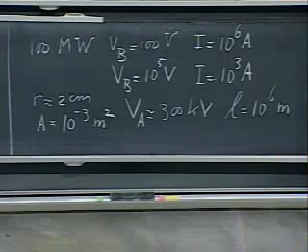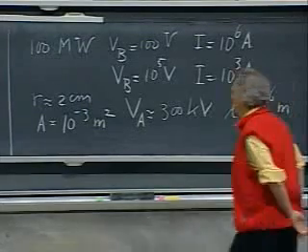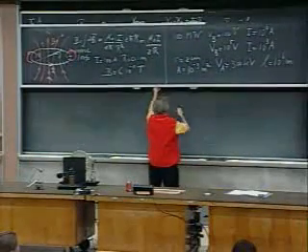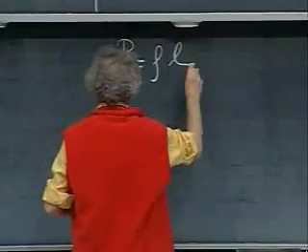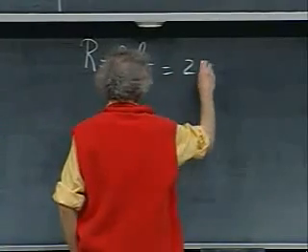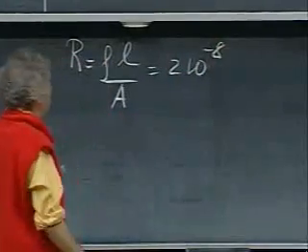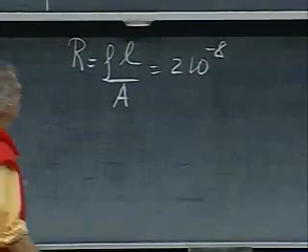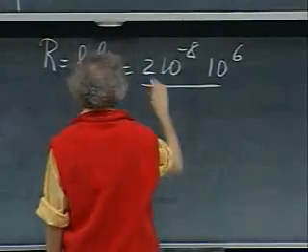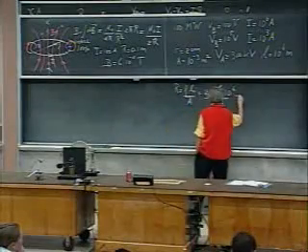You can calculate now what the resistance of that cable would be, because that resistance R equals rho times L divided by A. If you take copper, that has a resistivity of 2 times 10 to the minus 8 SI units. We have a length of 10 to the 6 meters of the cable, and a cross-sectional area of 10 to the minus 3 square meters, so that 1,000-kilometer cable would only have a resistance of 20 ohms.